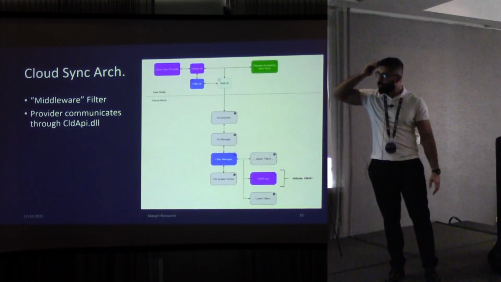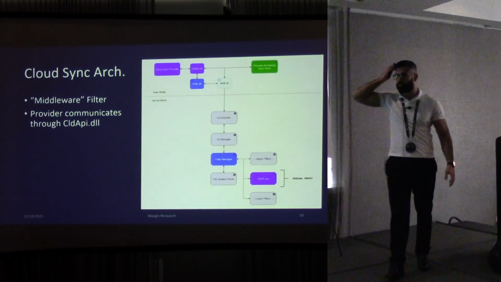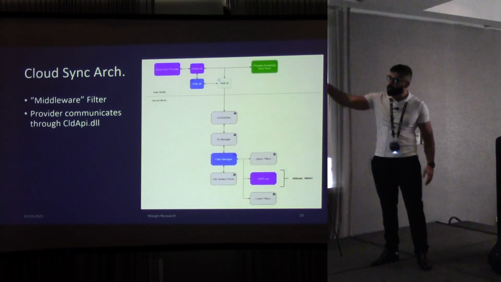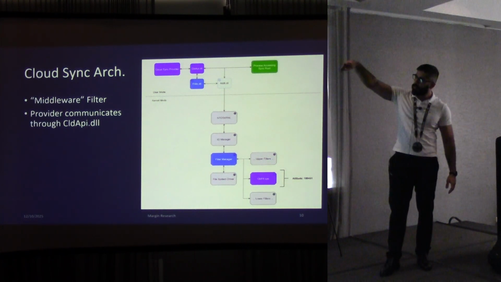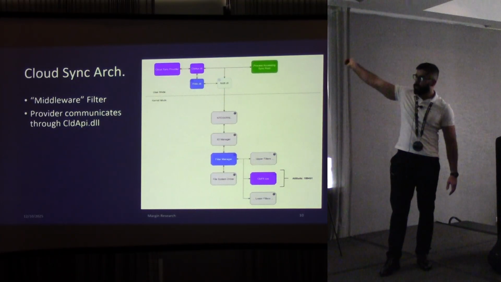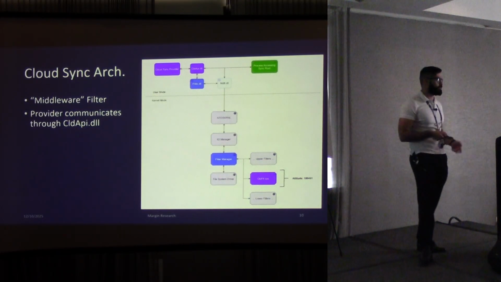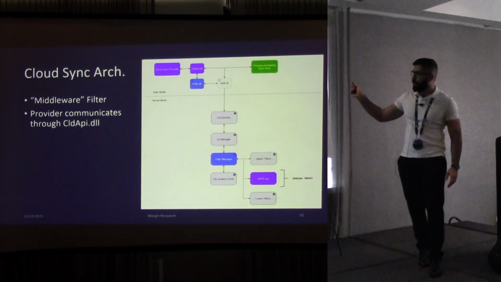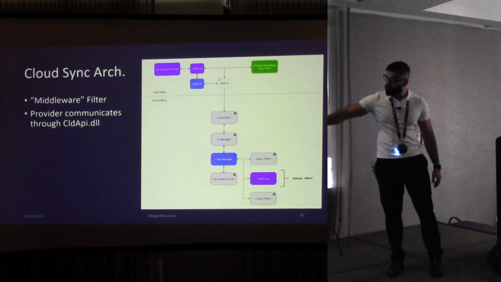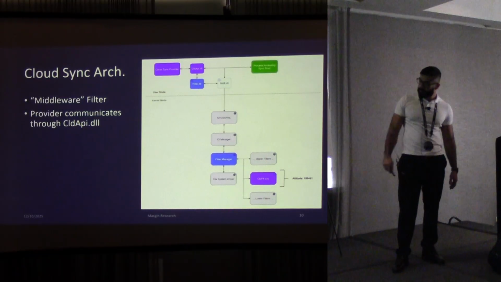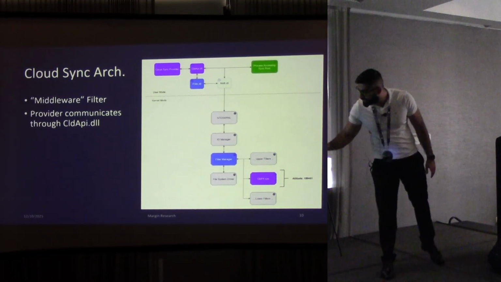Now, this is what your cloud synchronization architecture kind of looks like. You have your sync route provider on the top left. In the green, you have just regular processes interacting with the files. And as you go down, eventually we see Cloud Filter. The altitude is about 180,000.